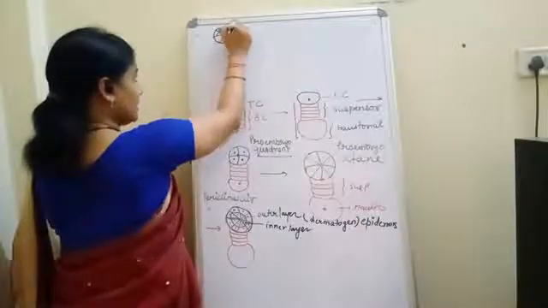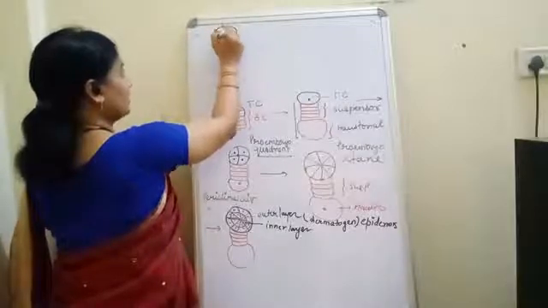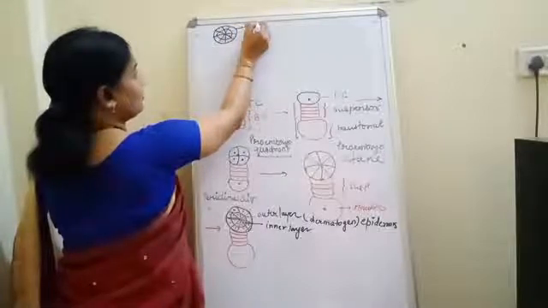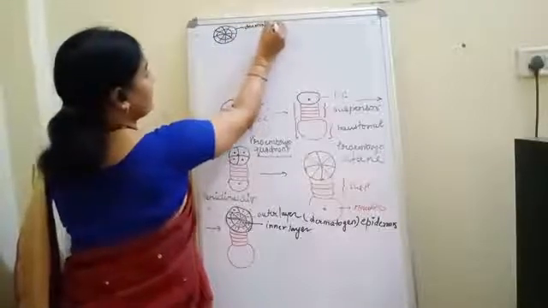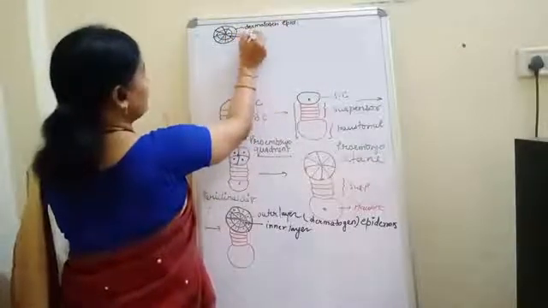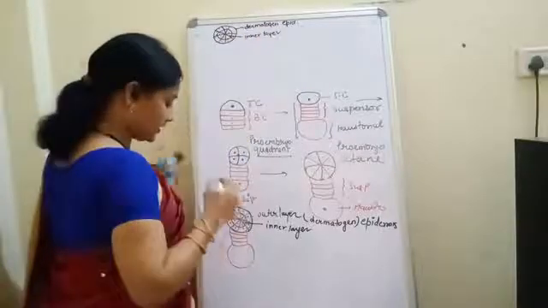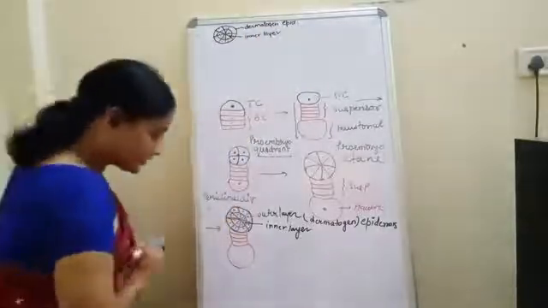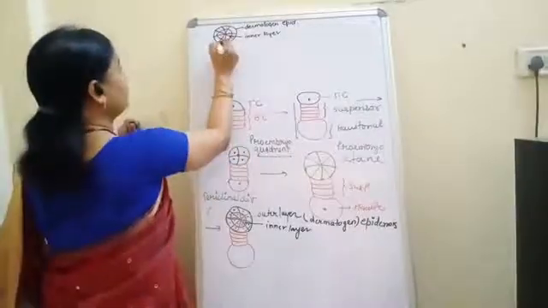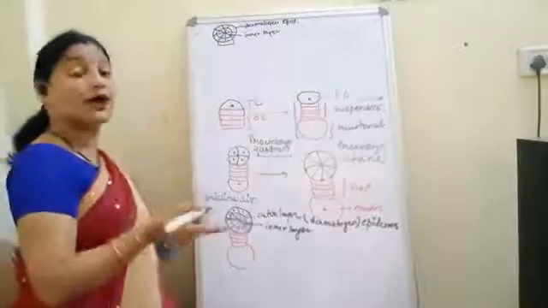I told you this division. Then we have seen a periclinal division. Then along with all the cells, the outer layer will give rise to dermatogen, which will give us the epidermis, and this is the inner layer. Now see, one of the suspensor cells will enlarge and again divide.